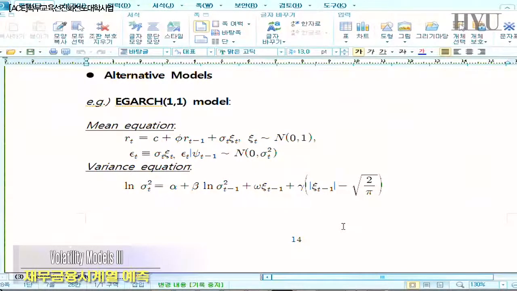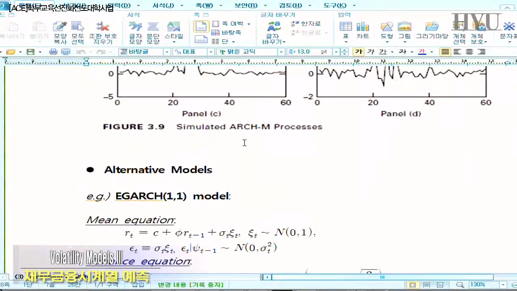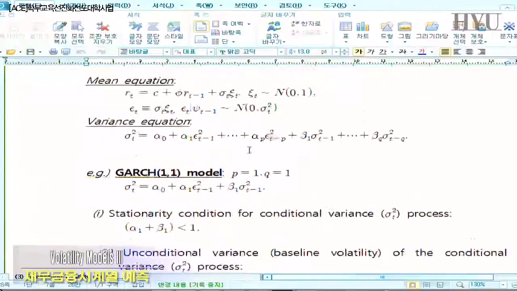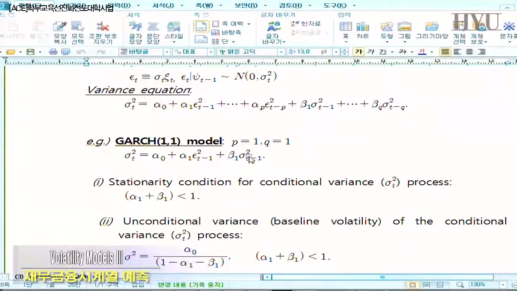Then that will increase current variance, right? So what I'm saying is, in a GARCH specification, if there is a big negative shock, then this is greater than or equal to 0, right?